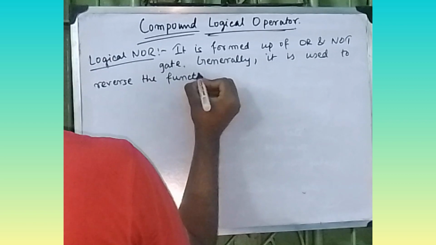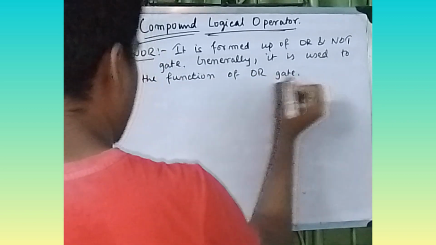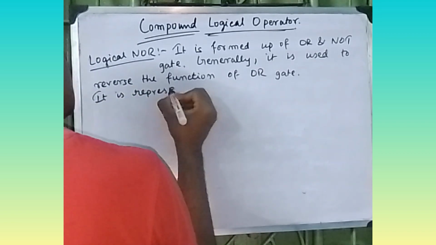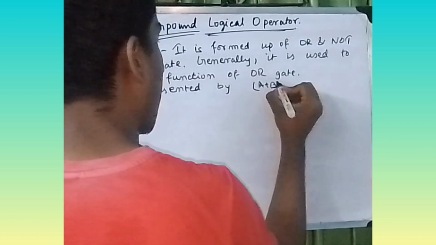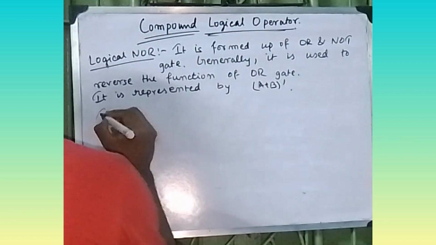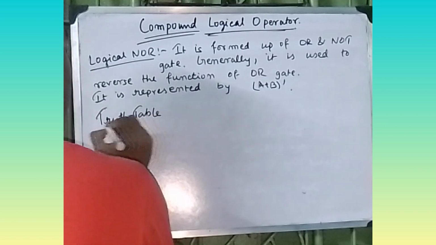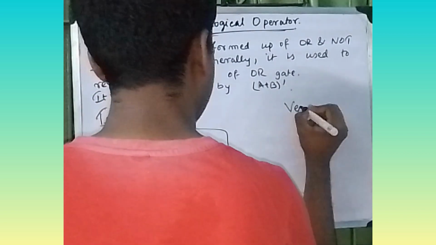Generally, this particular logic gate is used to reverse the function of the OR gate. It will be represented by A plus B, complement. To understand this more carefully, we will draw a truth table and a Venn diagram.